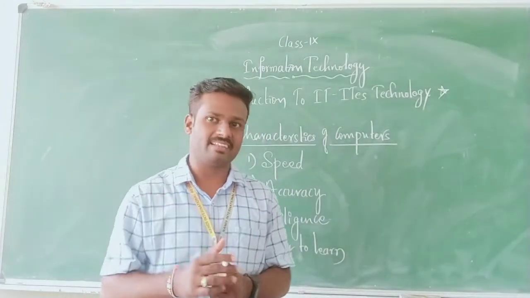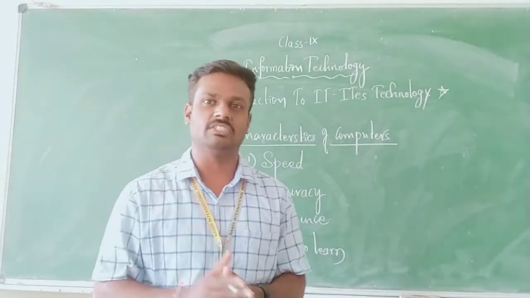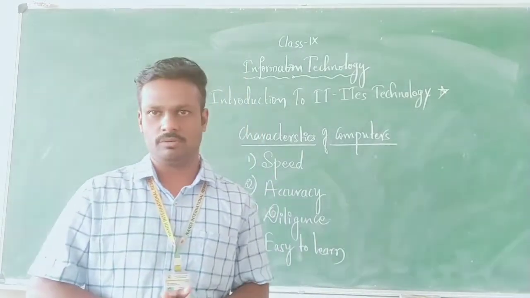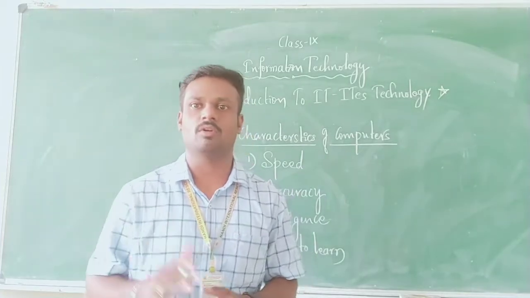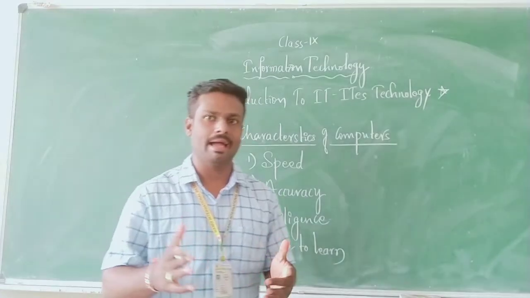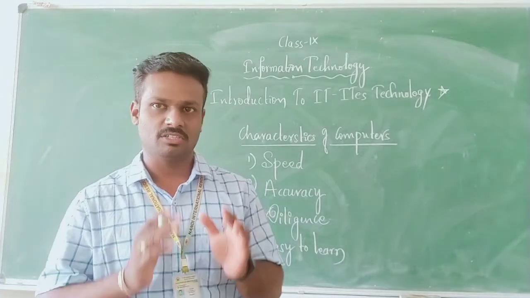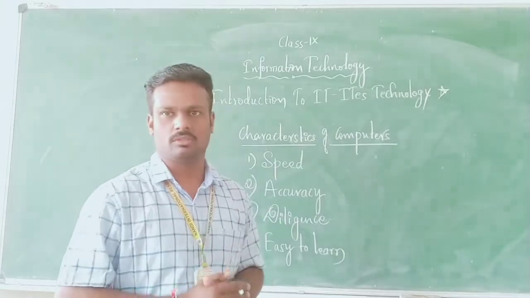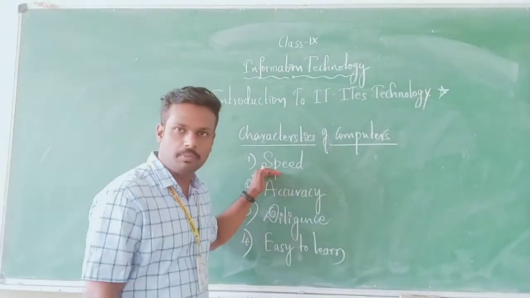Those are characteristics that a human cannot reach. A human may also perform the operations that the computer does, but not up to the mark. Even though man has developed the computer, he can't reach the speed of the computer. So the main characteristics of a computer, the first one is speed.